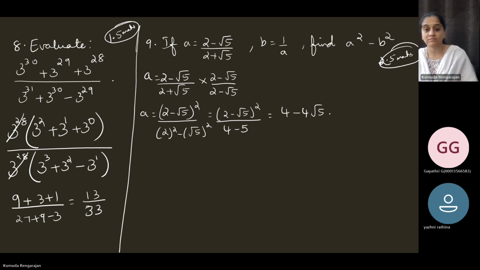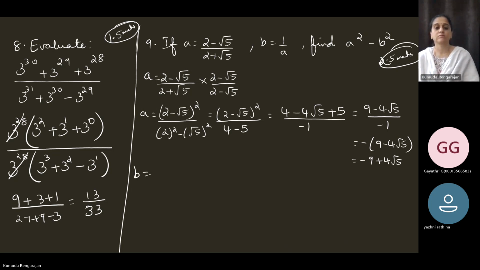Four minus 4 root 5. B is 1 by a means what?